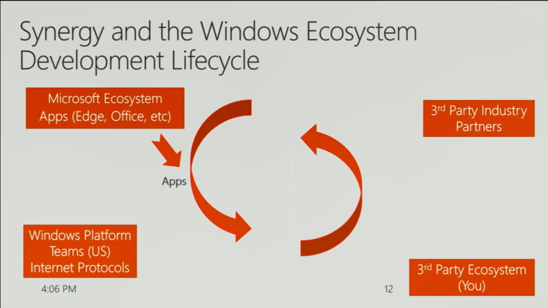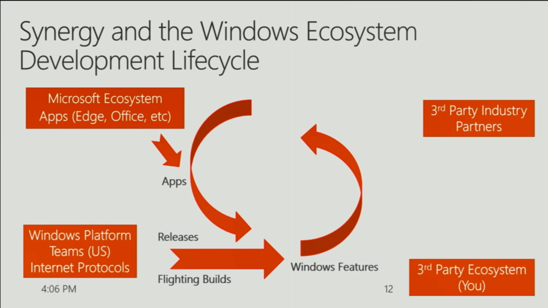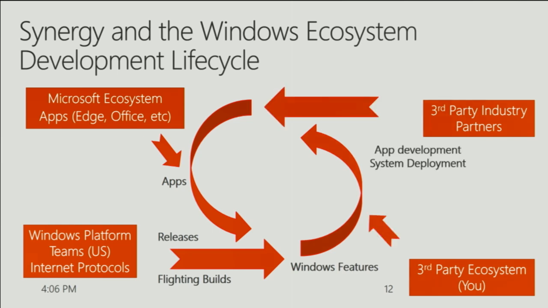On our side, we're building Windows features and pushing those into the ecosystem, making them available to you through releases and flighting builds. On your side, you're developing apps, pushing them into the ecosystem, and deploying systems. It's a beautiful thing. There's a synergy that works here.